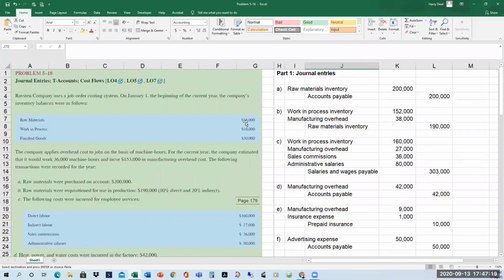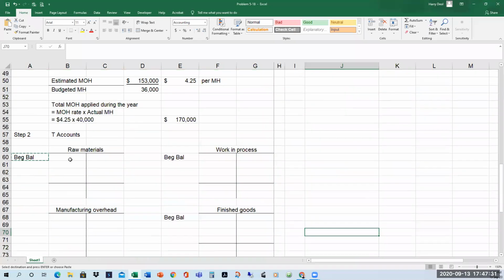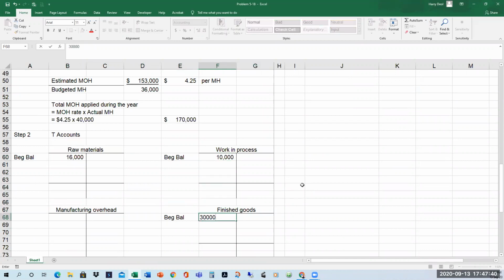The numbers were given. 16,000 was the beginning inventory for raw materials. 10,000 was the beginning balance for work in process. 30,000 for finished goods. So inventory is an asset. So 16,000, 10,000, and 30,000.